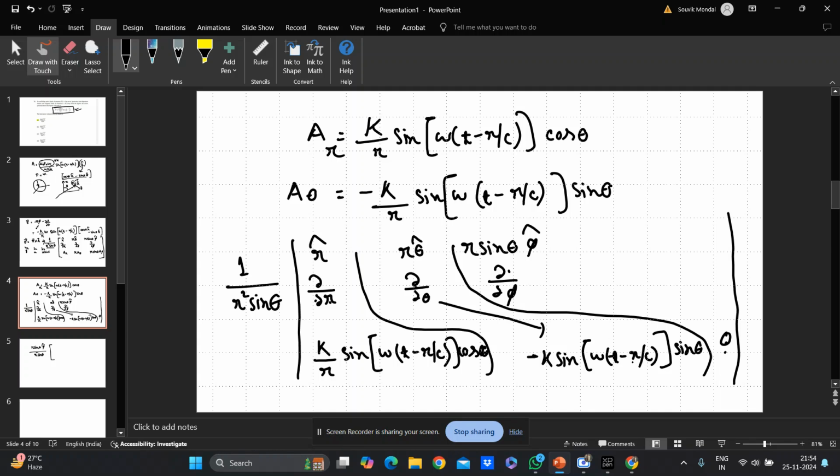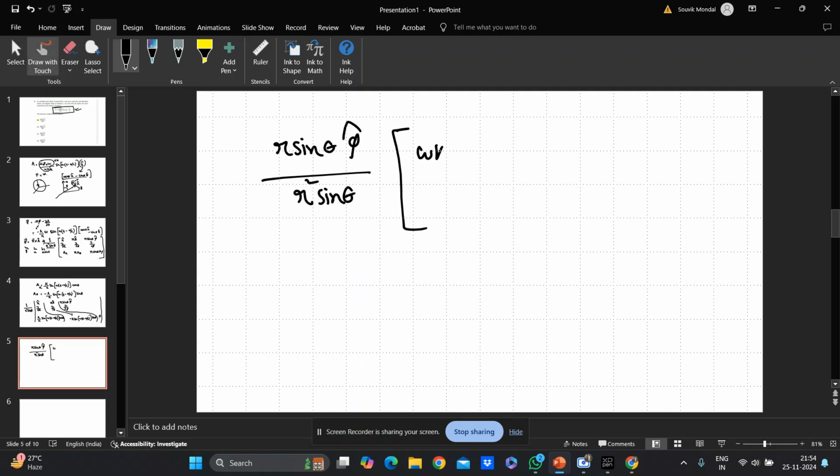And what is the coefficient of r? Minus omega by c, which multiplies with minus k, so it becomes omega k by c cos omega t minus r by c. This is the first term.